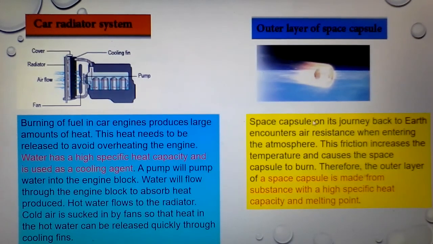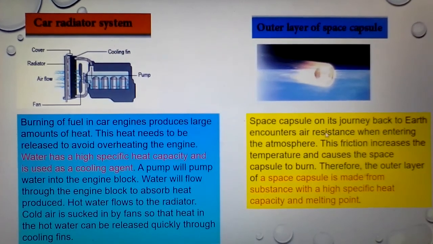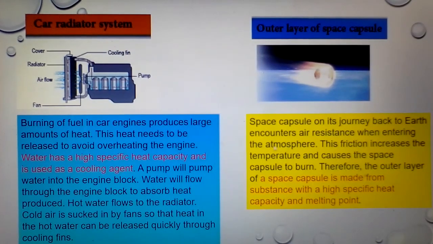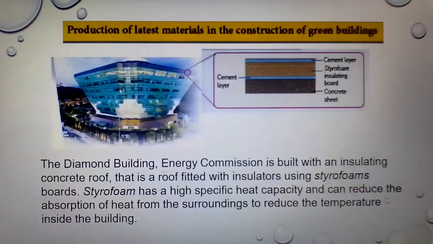Sometimes a satellite or space debris suddenly drops into the atmosphere of the Earth, so it will experience very high air resistance. This will cause heat energy to be produced in a large amount. That's why the material outside the space capsule is made of substance with high specific heat capacity and melting point, to prevent it from burning.